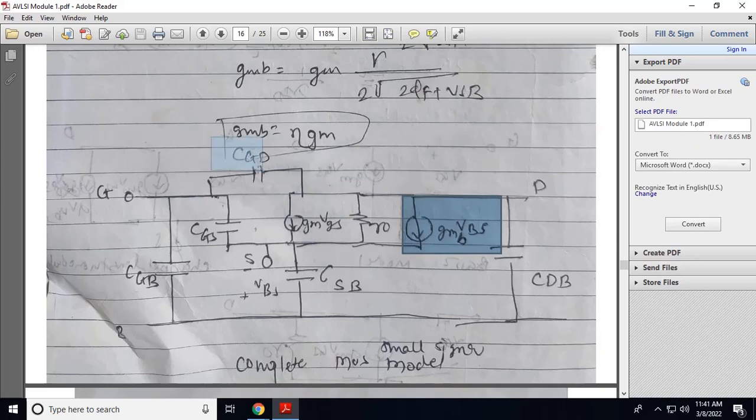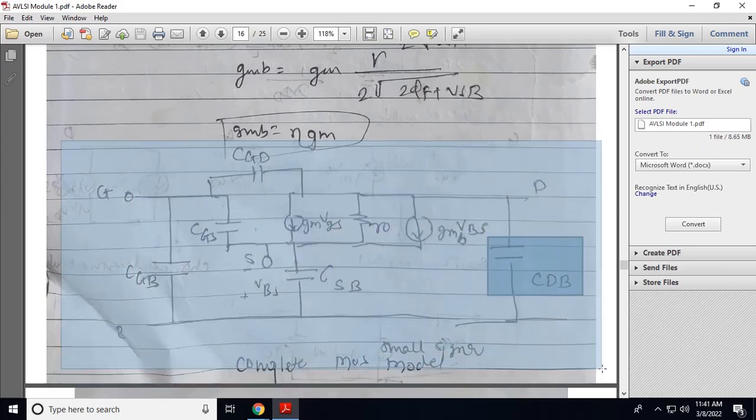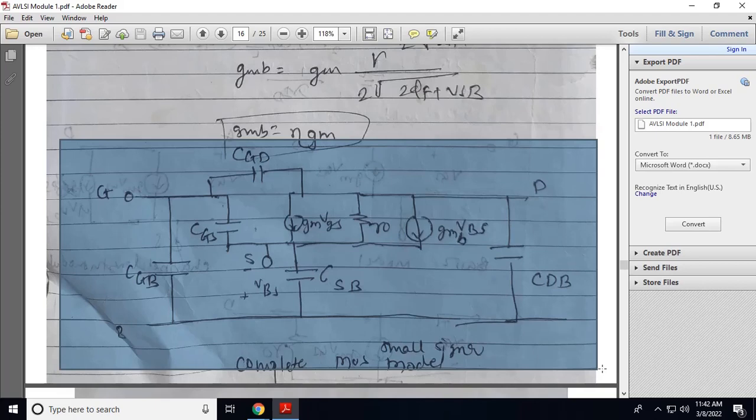A capacitor between gate and drain, capacitor between gate and body, capacitor between source and body, and capacitor between drain and body. So this is a complete small signal model for a transistor you can use for the NMOS.